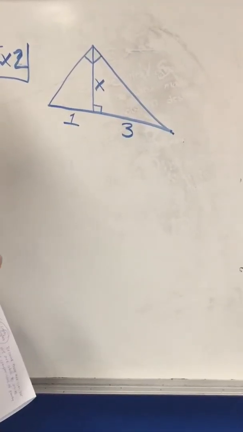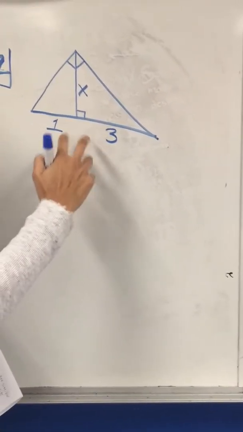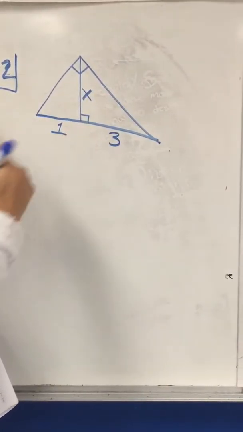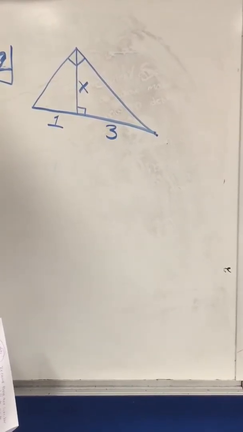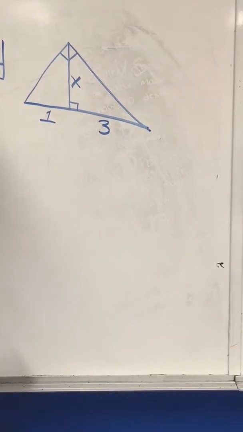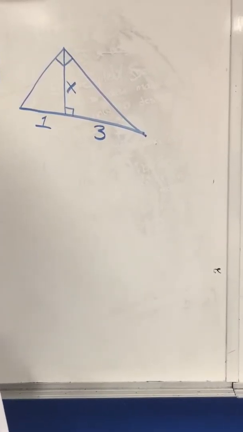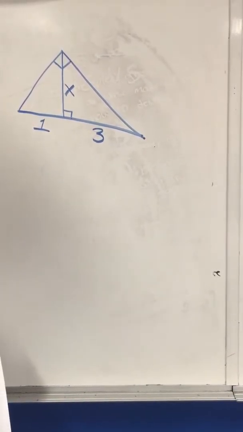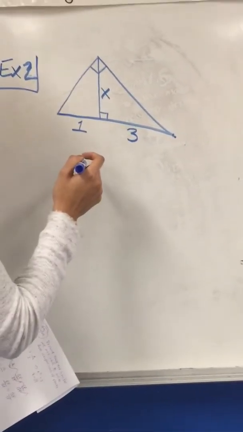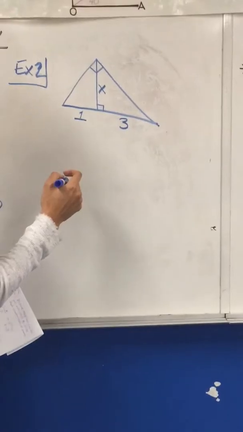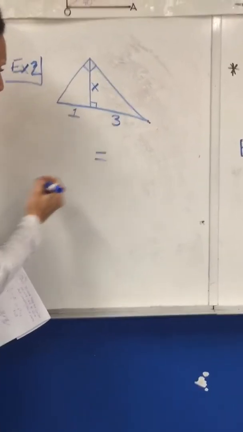So let's set it up. Again, we have our parts here and we have our altitude. A little bit different from the last problem, but I wanted to give you another one that was different so that you can do your homework. I want to see all that homework in class tomorrow. So then we can set up our geometric mean proportion as such.